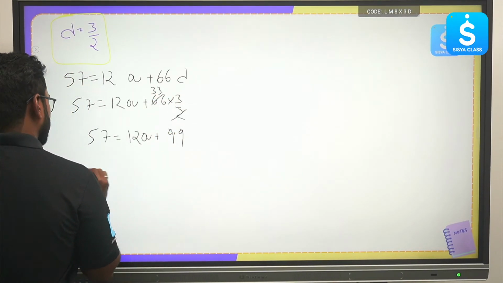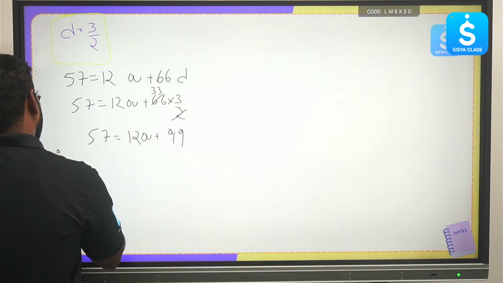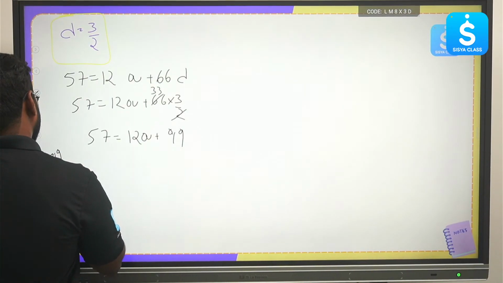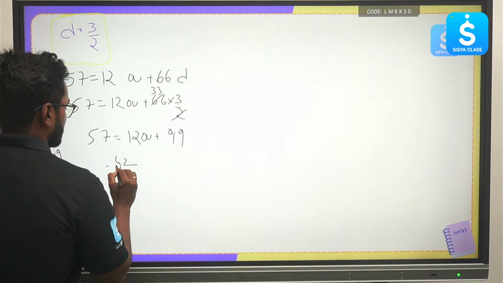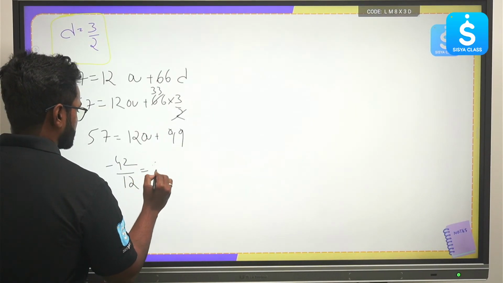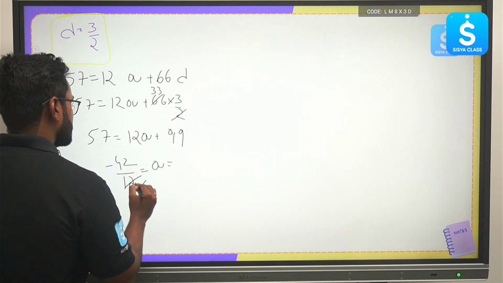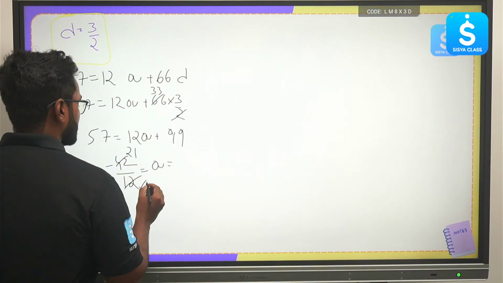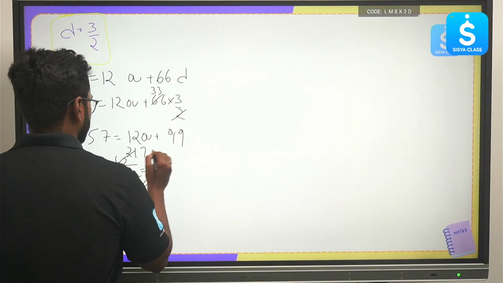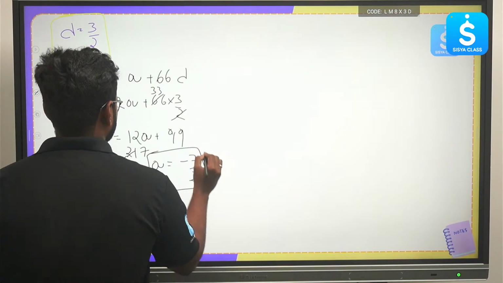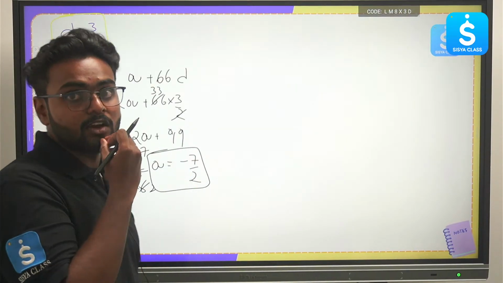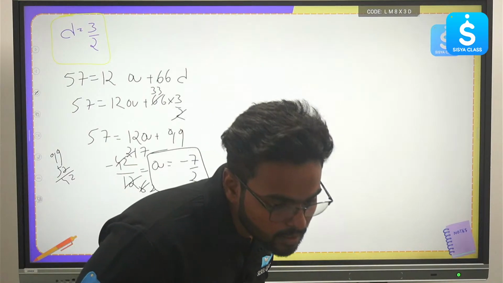So we will be getting 57 minus 99, which is minus 42 by 12, is equal to A. That should be 2 sixes, 2 twenty-ones, 3 twos, 3 sevens. Minus 7 by 2 would be your value of A. Okay, we got the value of A and we got the value of D.